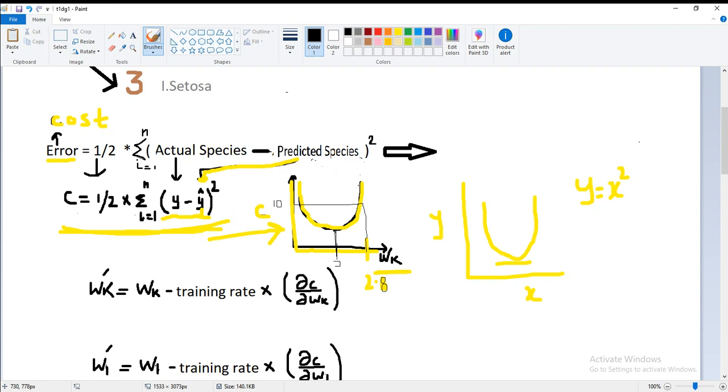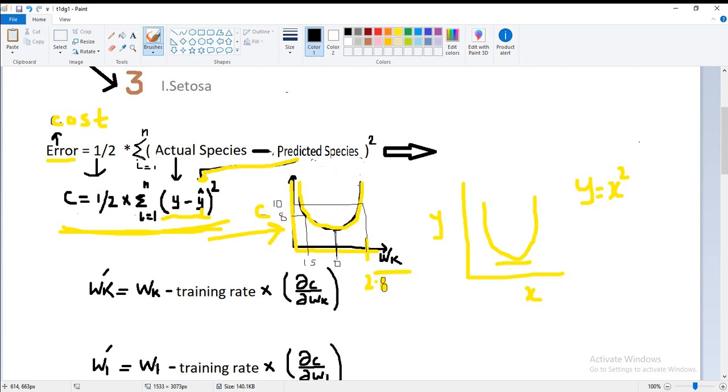Now this is a very ideal scenario. We cannot reach this point in every scenario, but that is the target value which we have to approach. Even if we are on this side, let's assume that we had a value of 1.5 and our cost is 8.